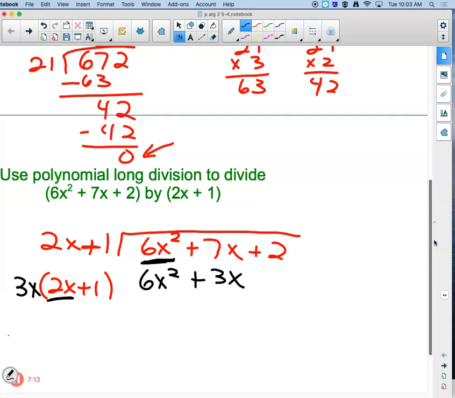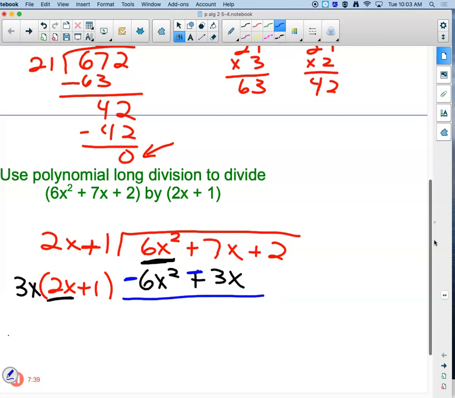Now, at this point, when we did normal long division, didn't we have to subtract? So the problem with polynomials is there's a lot to keep track of. So it would be much easier if we went ahead and changed their signs and just added instead of subtracting. So we're going to change these signs and add them vertically.